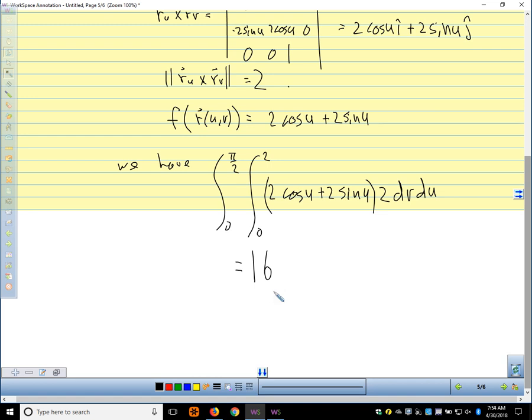Really, the reason is that historically, all of this stuff that we're doing was developed to describe electromagnetism. And in physics you use i hat, j hat, k hat. So it's kind of traditional. But it's not incorrect to use angle brackets.